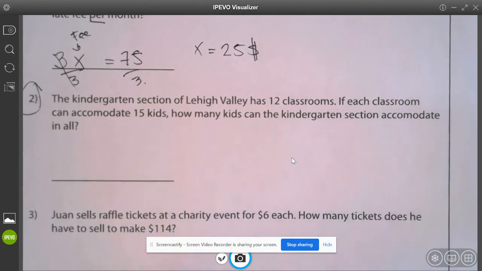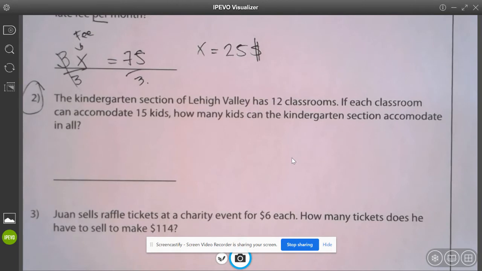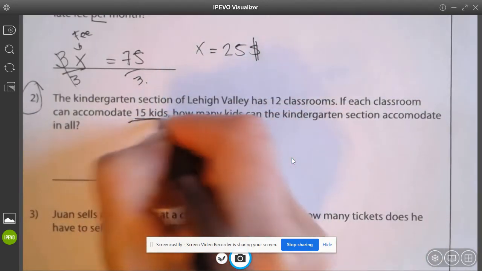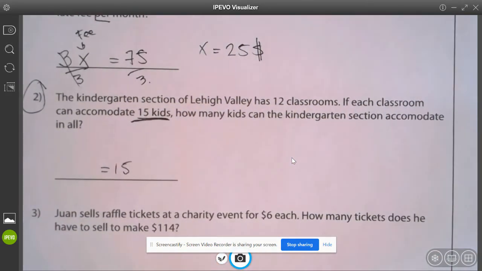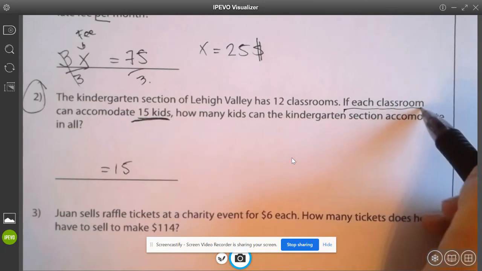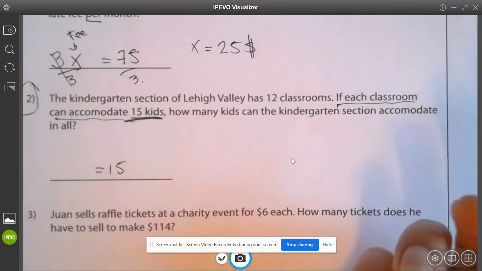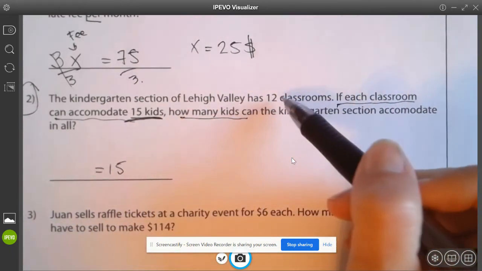So here there's 12 classrooms, and each classroom can accommodate 15 kids. So I'm going to use this as the total, right? That's what I know, okay?